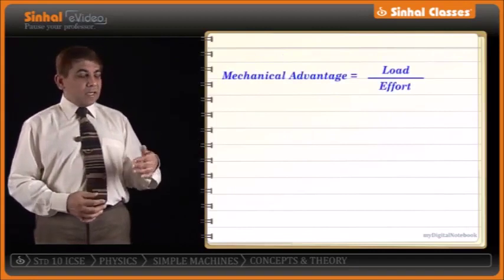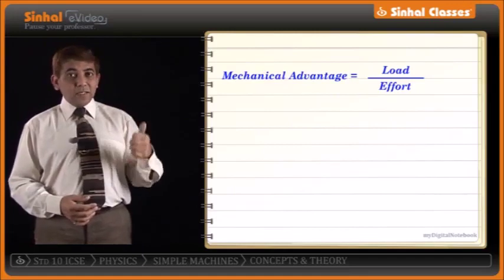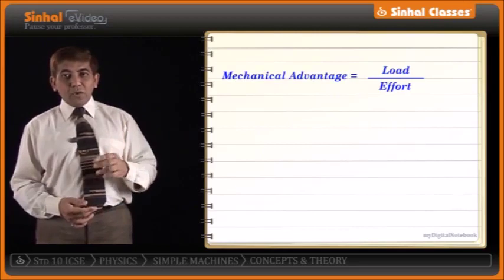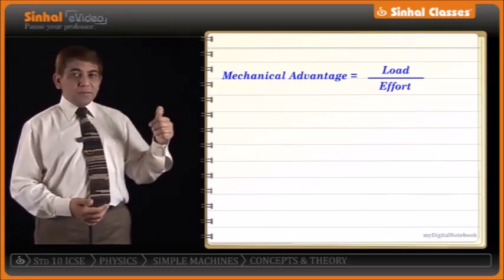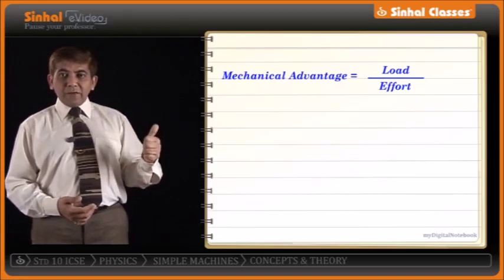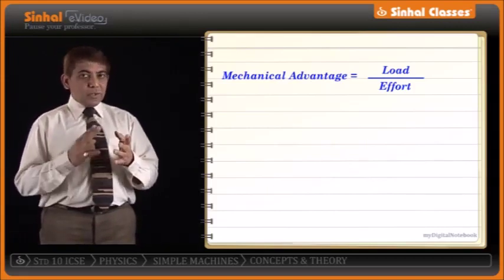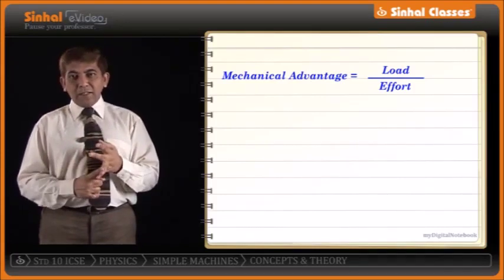Mechanical advantage is load upon effort, but at the same time, it is also the effort arm upon the load arm. So when mechanical advantage gives you a gain in force, we say the greater the effort arm distance, the more the mechanical advantage.